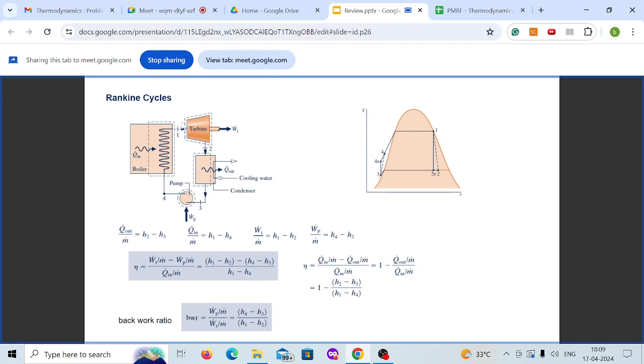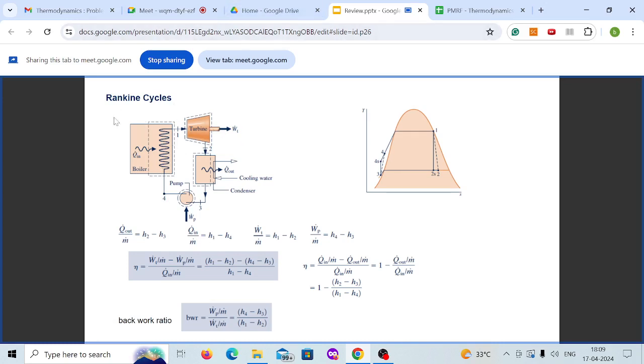So at 1 you have vapor which you expand in the turbine, and then you reject the excess heat, and then you pump it back into the boiler where you heat it. So this is how a Rankine cycle works.